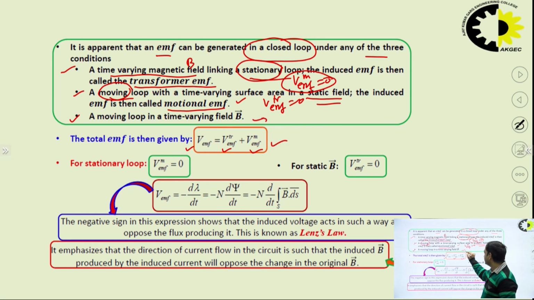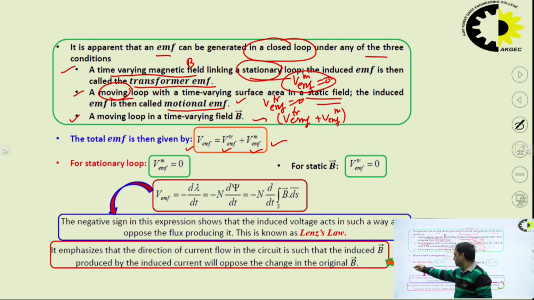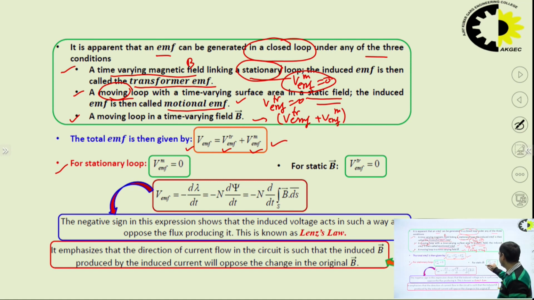But in the third case we will have both V_EMF transformer plus V_EMF motional. So both types of EMFs will be present. Here we see for the stationary loop V_EMF motional is 0, and for a static field V_EMF transformer is 0.